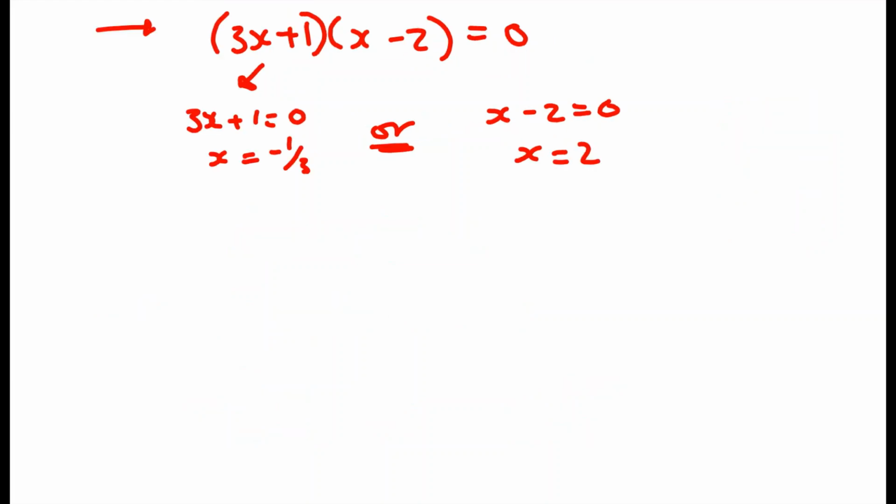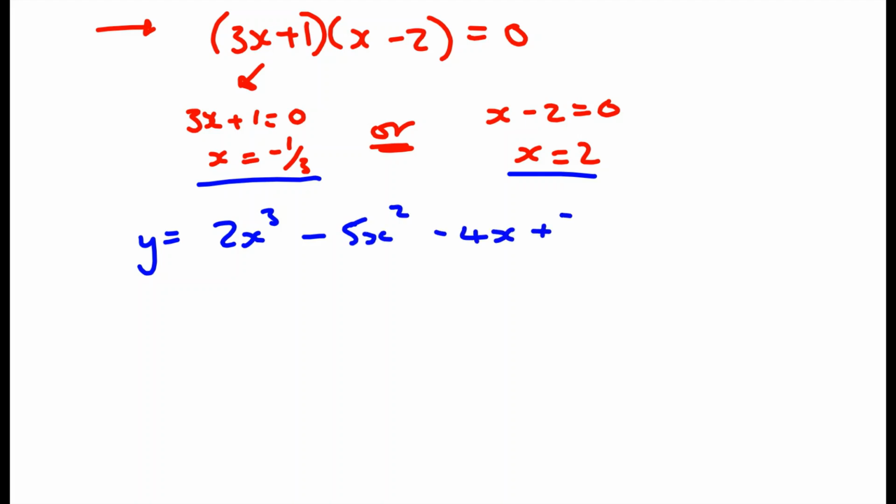I'm going to change pens because we've got onto the second part of this. Now, we were asked for the coordinates of the stationary points. So we're going to have to take our x values and put them back into our initial equation, which was 2x cubed, take away 5x squared, take away 4x plus 7. Substitute the x values in, and this will give us our y.